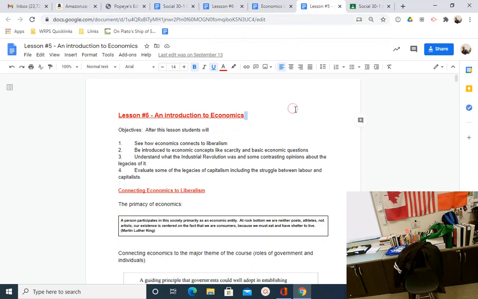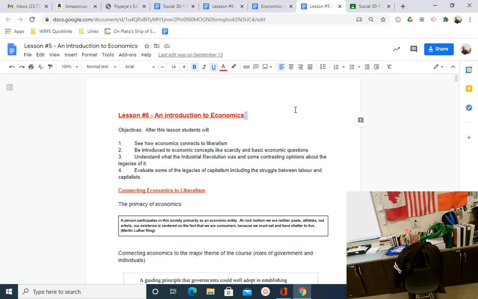So today we're meant to look at lesson 5, and hopefully at the end of today's class you'll be able to connect economics with liberalism. So something new that we're studying, economics, with something old, liberalism. You should be introduced to economic concepts like scarcity and the basic economic questions.